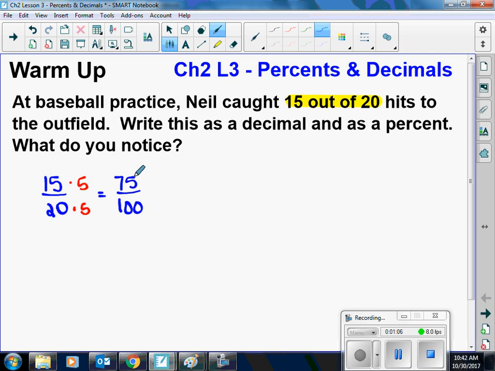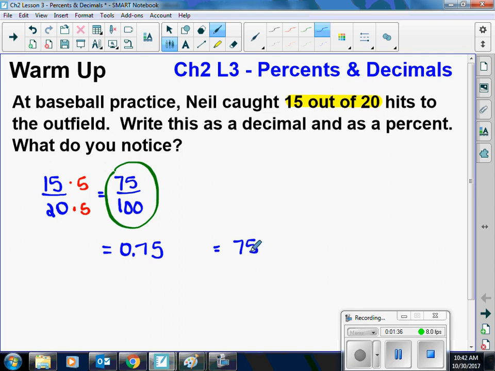Now, of course, 75 over 100, that's 75 hundredths. As a decimal, that would be 0.75. Very good. Now, it also asks us to write it as a percent. So here, if I have 75 hundredths, that's already 75 per 100, right? So the percent is going to be 75%.